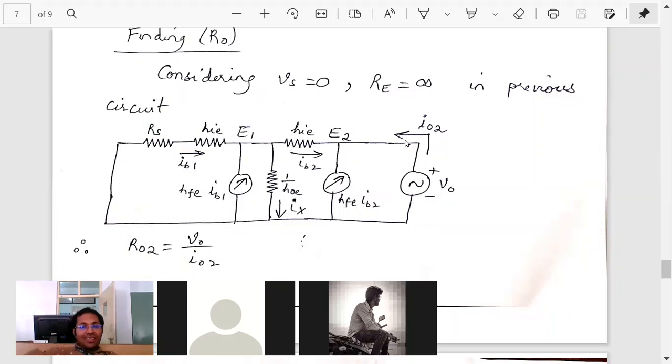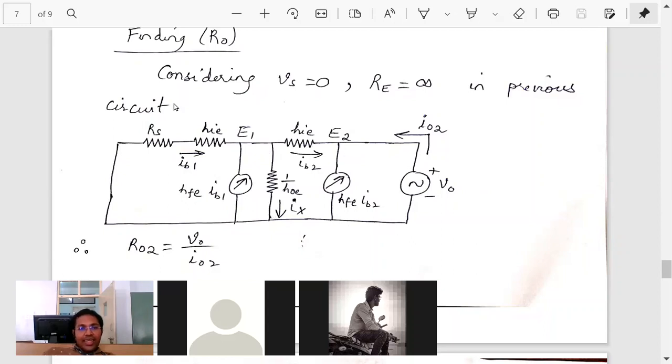If I take V0, this voltage plus this voltage, correct? Or I can take V0, this voltage plus this voltage plus this voltage. Still they are equal, okay, right? We already eliminated ix. Let us not choose this path.